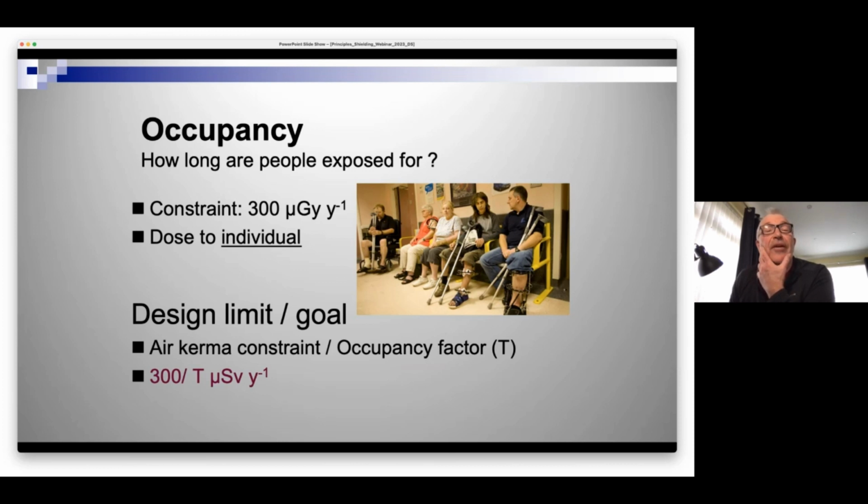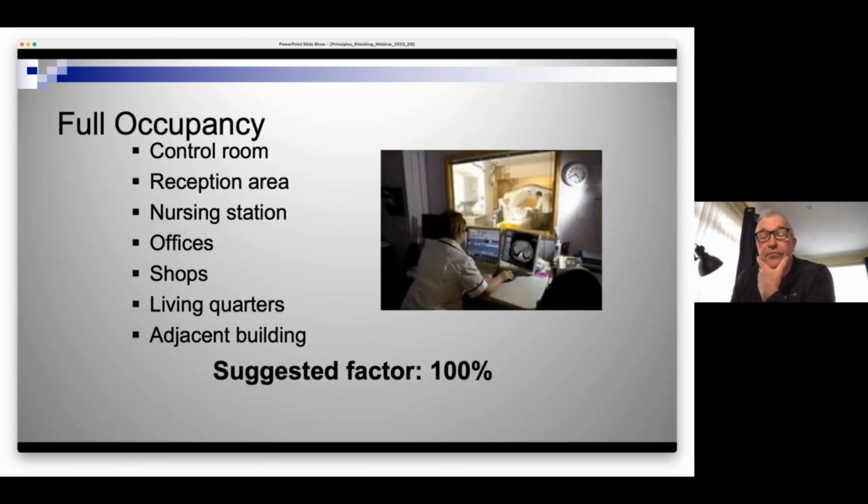Now, ideally, you should evaluate the occupancy factor according to the situation that you find yourself in, but that's quite difficult. So in the publication, we make some recommendations that you can use if you're not able to accurately determine what the real occupancy factor is going to be. And here's the list.